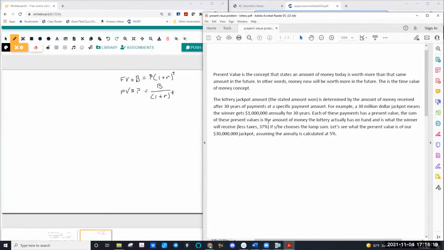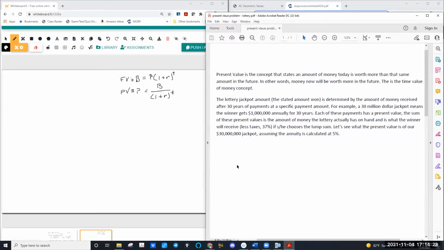So let's talk through this example, and then we'll see how a geometric series applies. To make the numbers easy, let's say somebody wins a $30 million jackpot. There are different ways that lottos pay out, but we're going to assume that this lotto pays $1 million annually for 30 years, hence the $30 million jackpot.